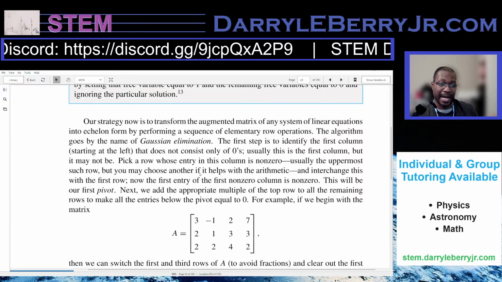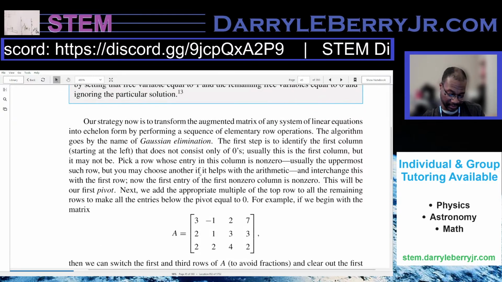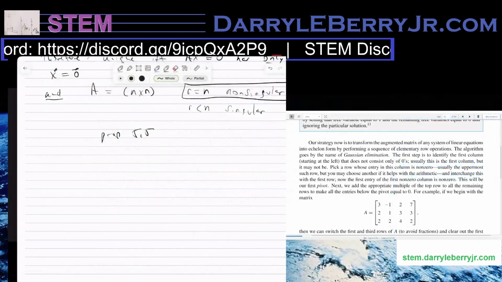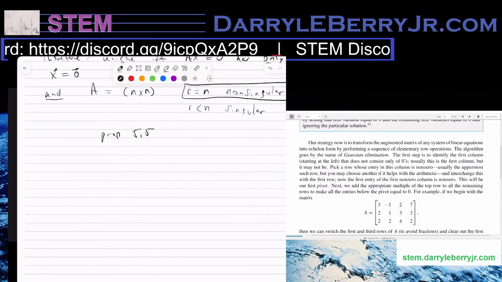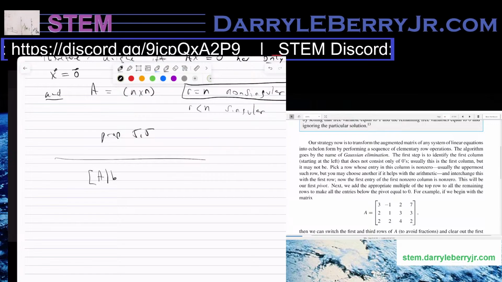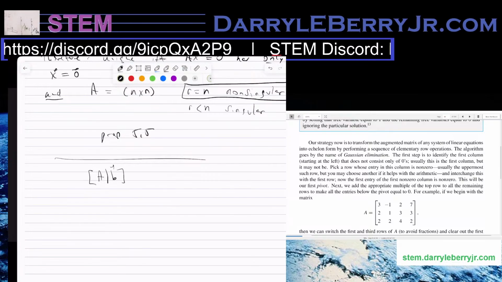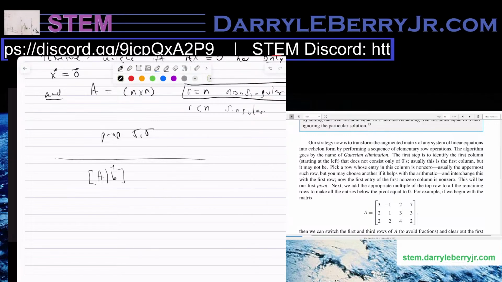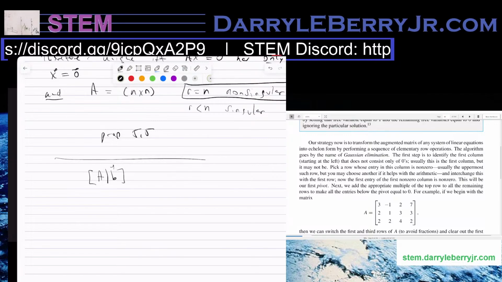So here, our strategy now is to transform the augmented matrix. And let me split the screens here. The augmented matrix is when you take A and B. Our strategy is now to transform the augmented matrix of any system of linear equations into echelon form.